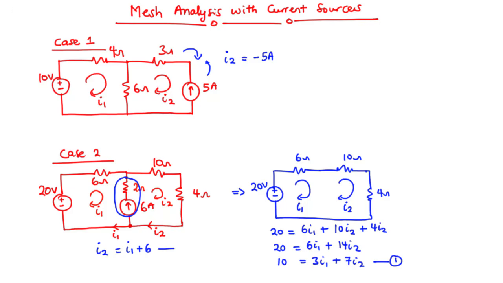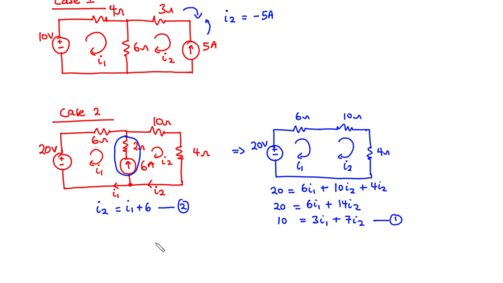So let's call this equation 2. Now we are going to put equation 2 into equation 1. So we put equation 2 into equation 1, and then for equation 1, we have 10 equals 3I1 plus 7I2. In place of I2, we have I1 plus 6.